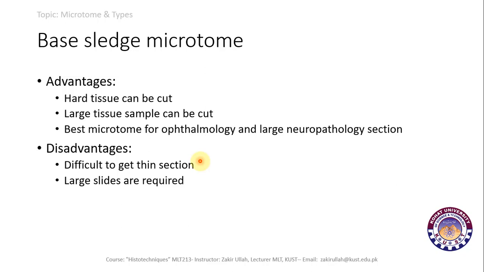Also, even if we get a proper section, the slides normally available on the market are insufficient to hold the tissue sections prepared with this base sledge microtome. These sections need large slides.